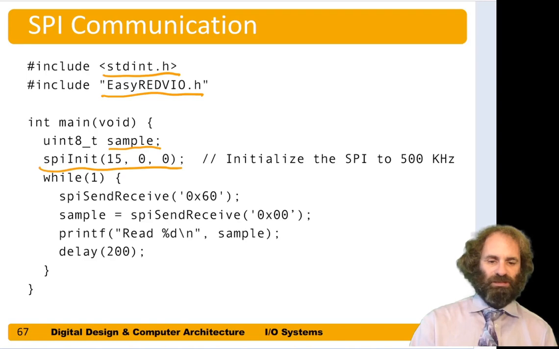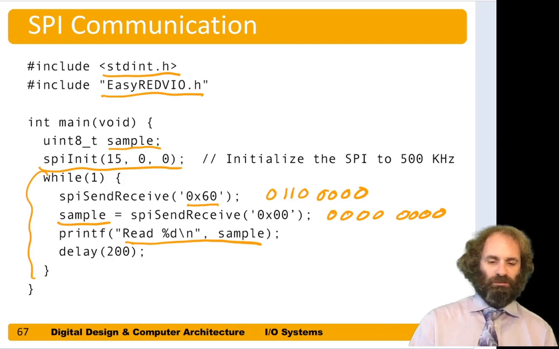We'll initialize the SPI at 500 kilohertz, phase and polarity being 0, and then repeatedly let's send a message of 60, which is 01100000, and then we'll send another message of all zeros, and we'll get back 8 bits. We'll store them in the sample register, and maybe we could print what we received and wait. So this would keep sending messages and getting back values.